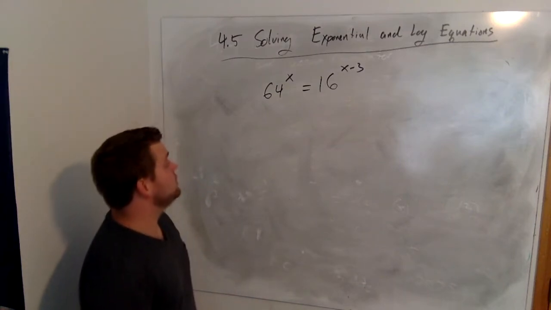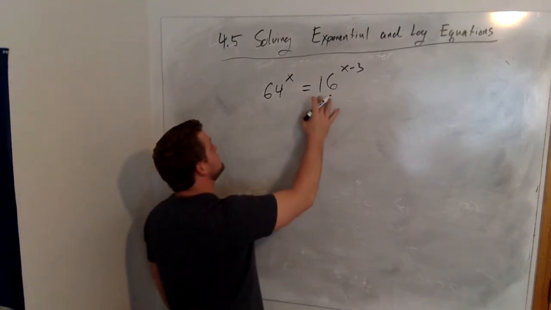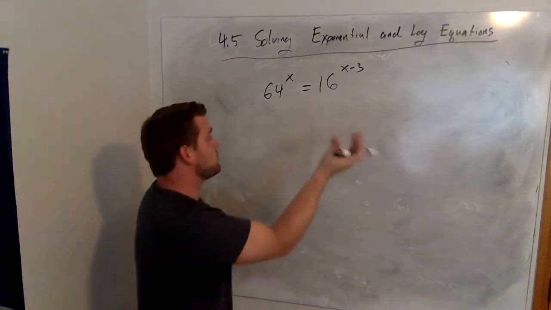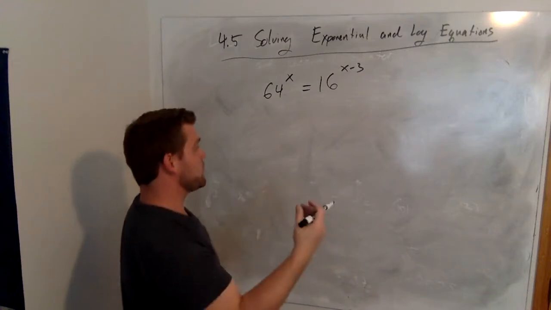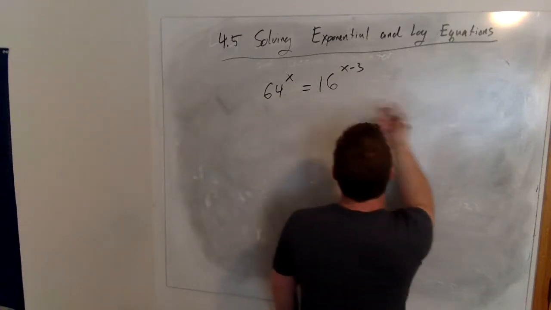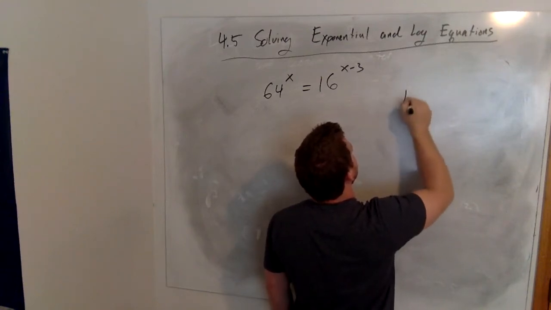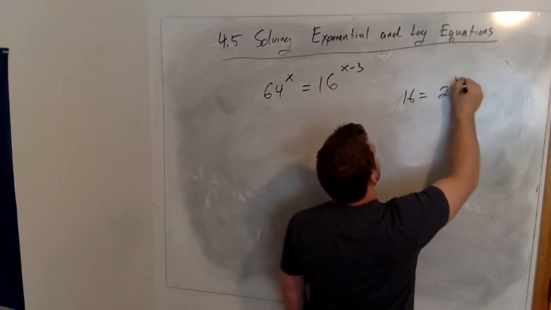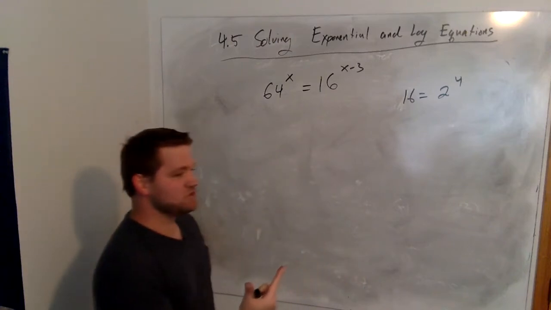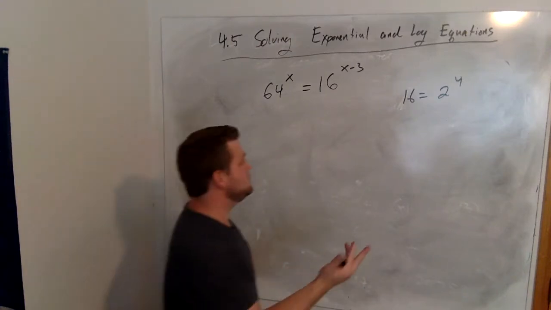Well, we could try to think if we could write 16 and 64 as some number to a power. Hopefully that some number is the same. I think they're both powers of 2. 16, I think, is 2 to the 4th. 2 times 2 is 4, times 2 is 8, times 2 is 16.